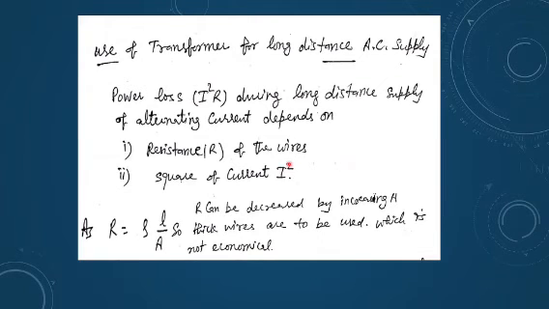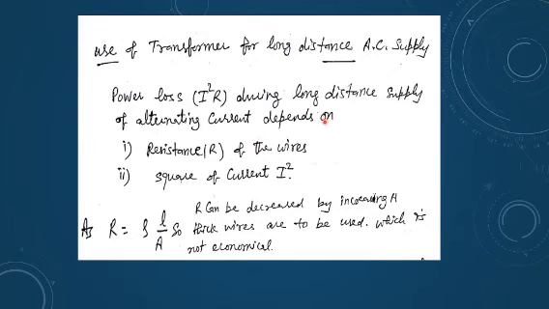Of course, we use transformers for long-distance AC supply, like when we want AC currents to come to your houses from the power stations. You should know that the power loss, which equals I squared R, occurs when you transmit the electric current from the power station to your homes or the factories.